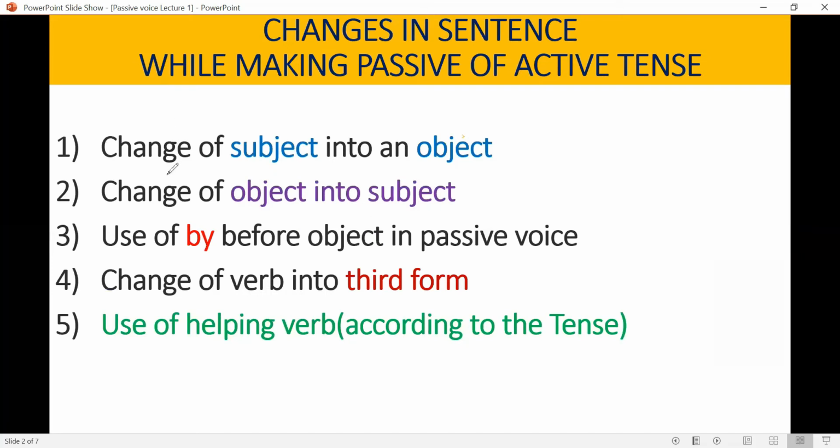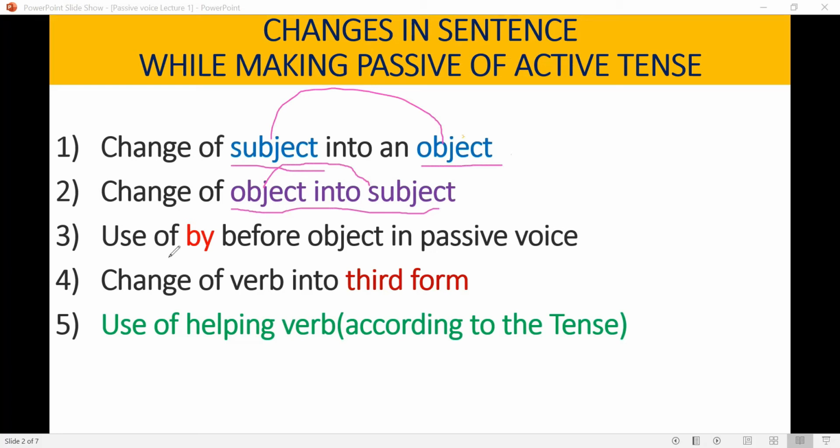There are 5 kinds of changes which we make to convert an active sentence into a passive one. The first change is we change subject into an object. The second one is object into subject. We change the object of the sentence into the subject of the sentence in passive voice.